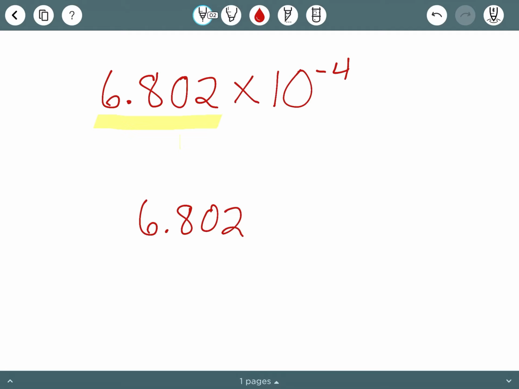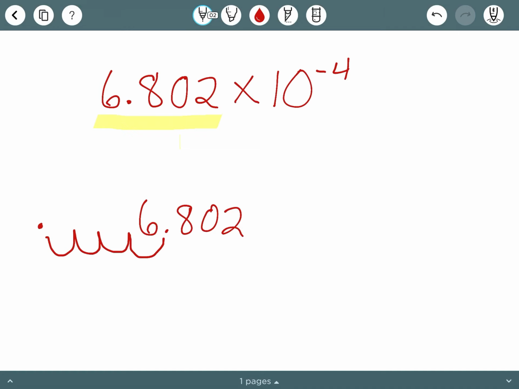All right, so we've got our leading digit. Now, this is being multiplied by a 10 to the negative 4th power. So the negative 4th, any negative power tells us that it is going to be a number that's less than 1, which means we have to move the decimal to the left. So there's 1, 2, 3, 4 places. All right, so that's where I'll put my decimal.